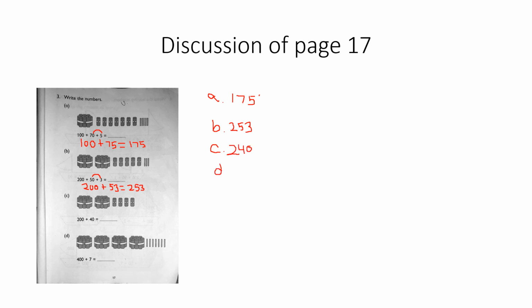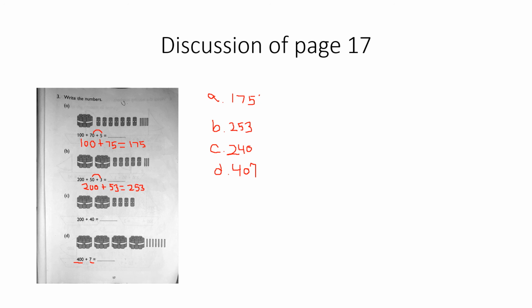Letter D. 400 plus 7. So that would be 407. Remember, in this case, we don't have a tens. In this case, we only have hundreds and ones. So remember what I said in the previous page?